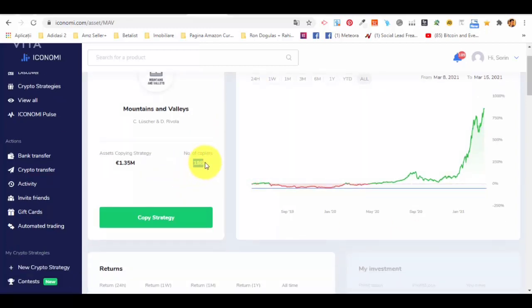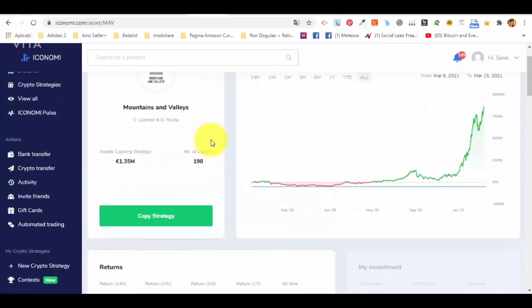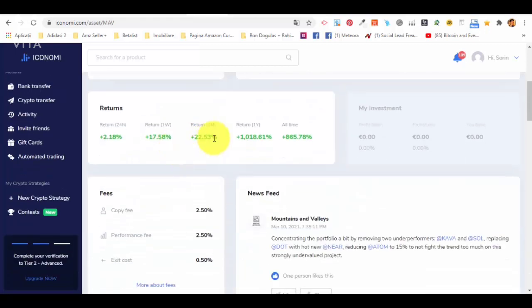And it has 198 copiers, a total of assets copying the strategy of 1.45 million, which is not bad. Okay, not bad at all. So the return in the past year was 1000%. Again, not bad at all.